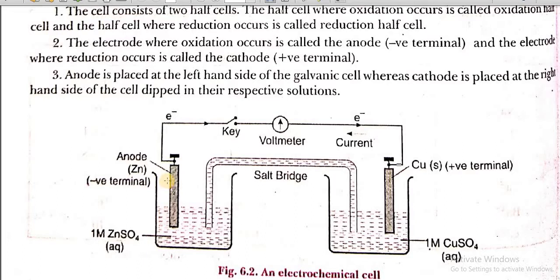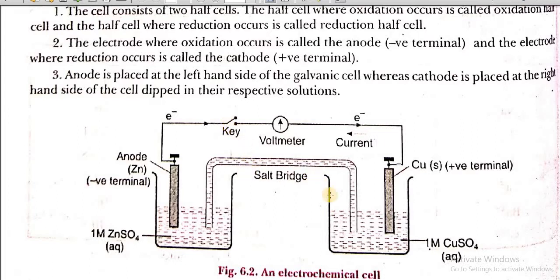One thing you need to remember is that the zinc anode is dipped in zinc sulfate solution, and the copper cathode is dipped in copper sulfate solution, and they are connected with each other by a voltmeter. The function of this voltmeter is that if the current flows, it will show a deflection. And over here we have got a key, just to switch on or off.